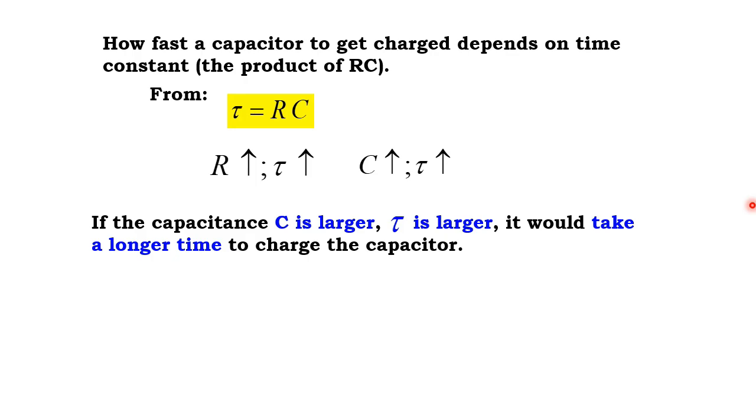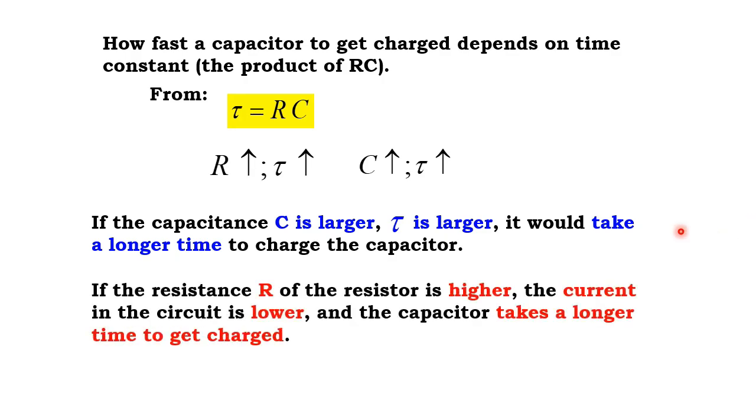So if you have a larger capacitance, you will take a longer time to charge the capacitor. And if you have a higher resistance, the current in the circuit is lower, so you will also take a longer time to get charged.